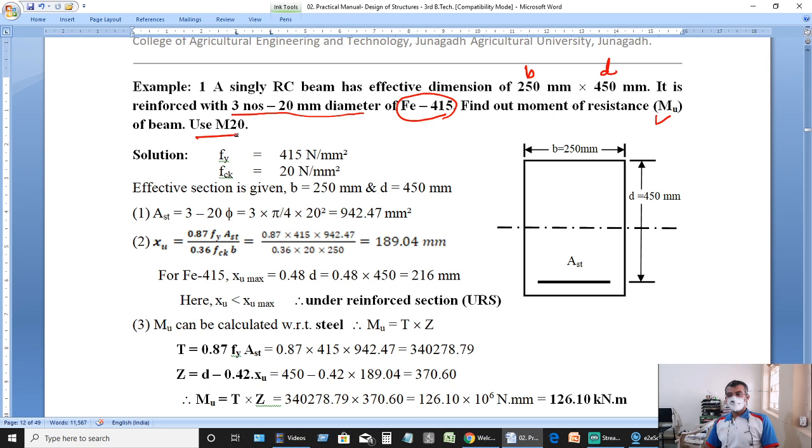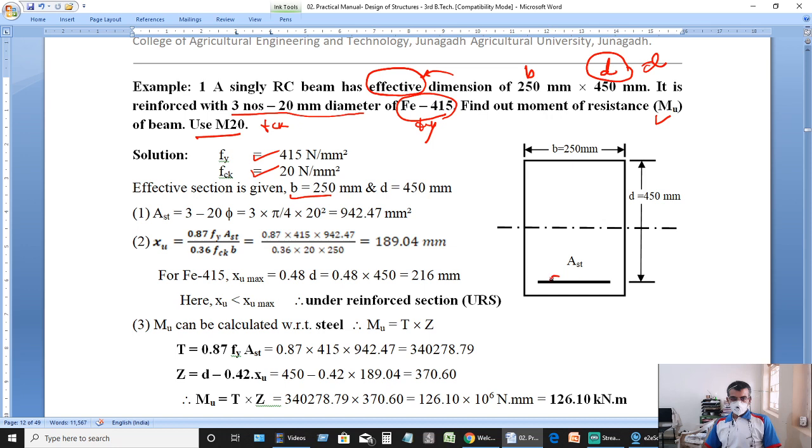The grade of concrete is given as M20, which means fck, and this is your fy. One thing you have to consider is that whenever you have the word effective before the dimension, then your second dimension is always the small d, effective. So b and d are given.